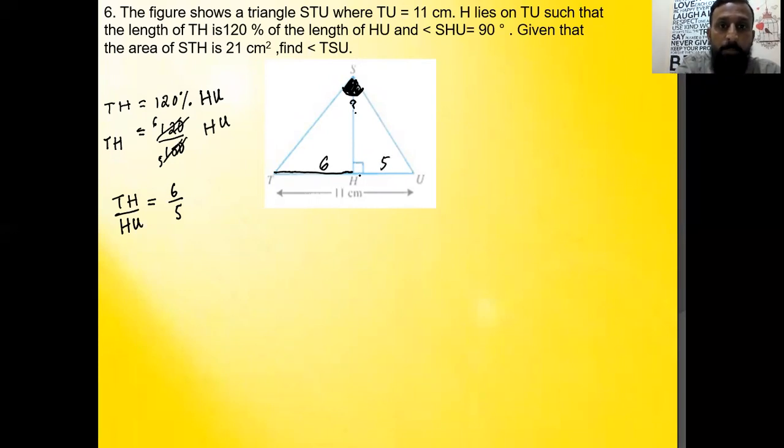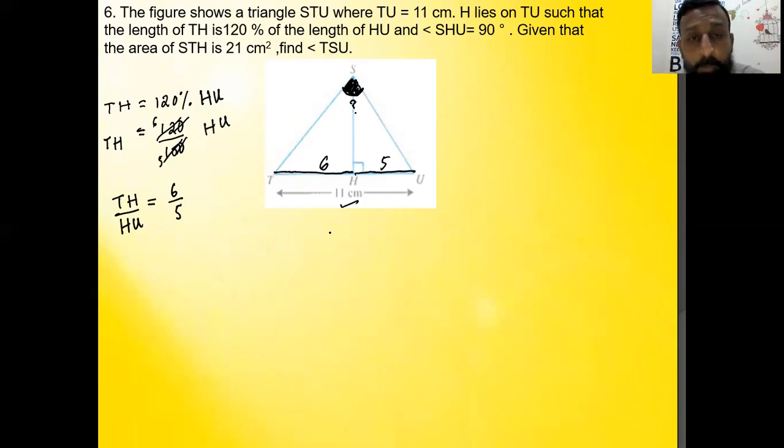And when you add up both these parts, 6 plus 5 becomes 11. That's already given to you, boys and girls. 6 plus 5 is 11. Now, what we need to find out is the value of the big angle TSU.